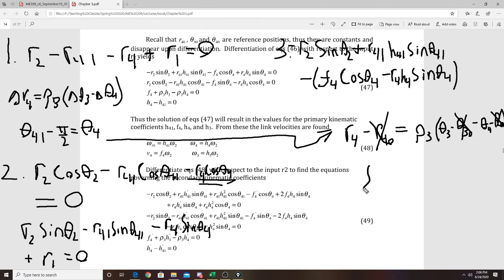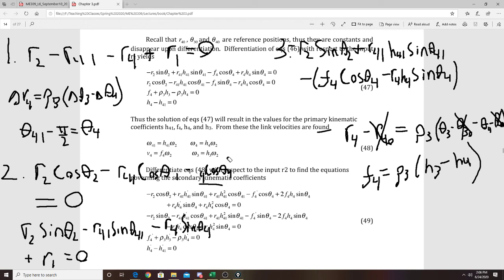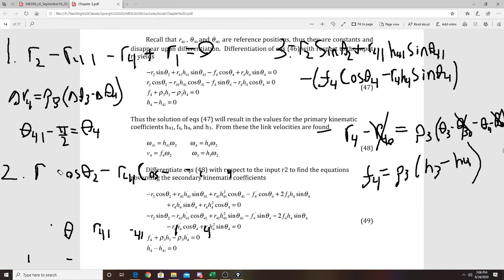And you're left with F4 is equal to, I think rho 3 stays, and you get H3 minus H4, which I think is what they end up getting here. Yep, they do. Because you can see it right here. Although they take the derivative of it again. So it is right. Let me get rid of all this off the screen. It'll be easier for you to tell what's going on.